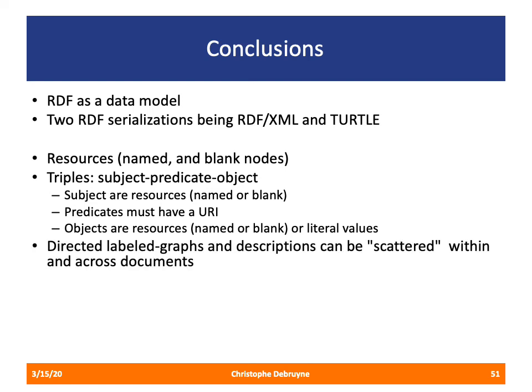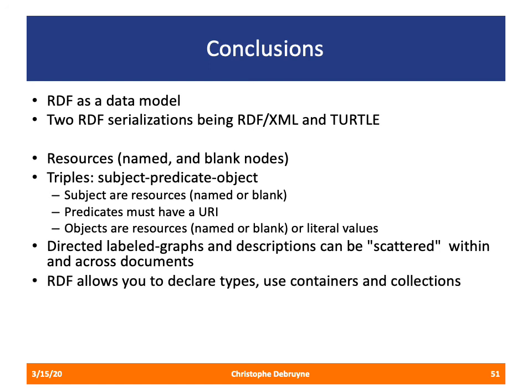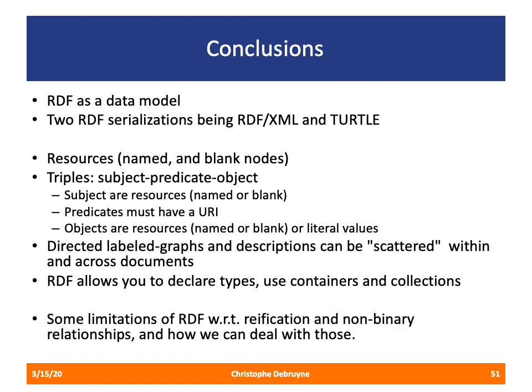When resources are used as both a subject and an object, you create directed labeled graphs, and descriptions can be scattered within a document and also across different documents. We've also seen that RDF allows you to declare types using the RDF type property, and we can also avail of containers and collections.